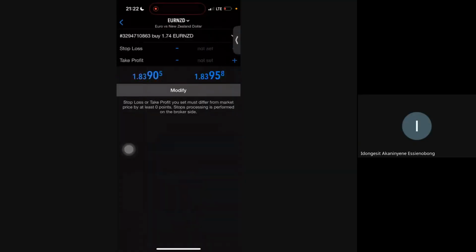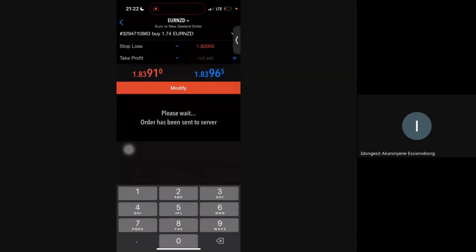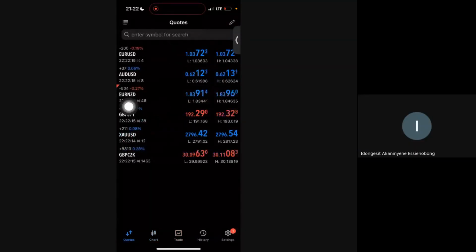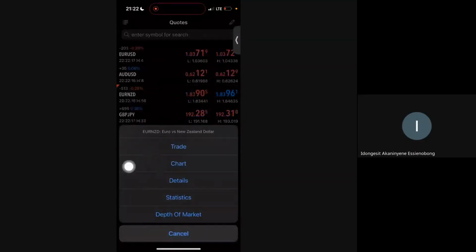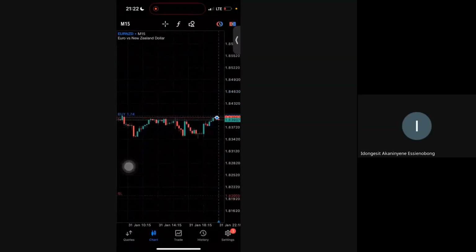So if I'm modifying position, let's say our stop loss was way, way lower. Let's put it to modify. This is our stop loss. Let's go to the charts. Where's our stop loss? Oh wow, actually went too far.